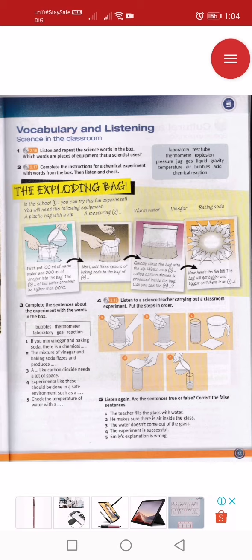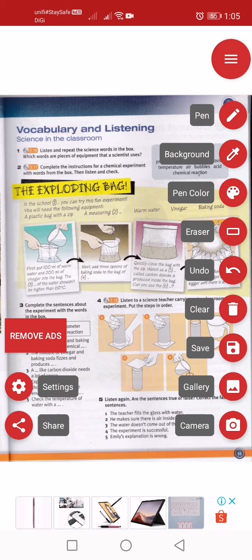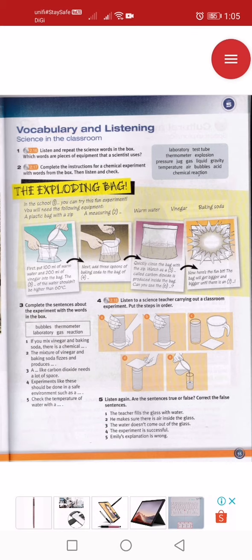You will need the following equipment: a plastic bag with a zip, a measuring jug, warm water, vinegar, baking soda. First, put 100 milliliters of warm water and 200 milliliters of vinegar into the bag.